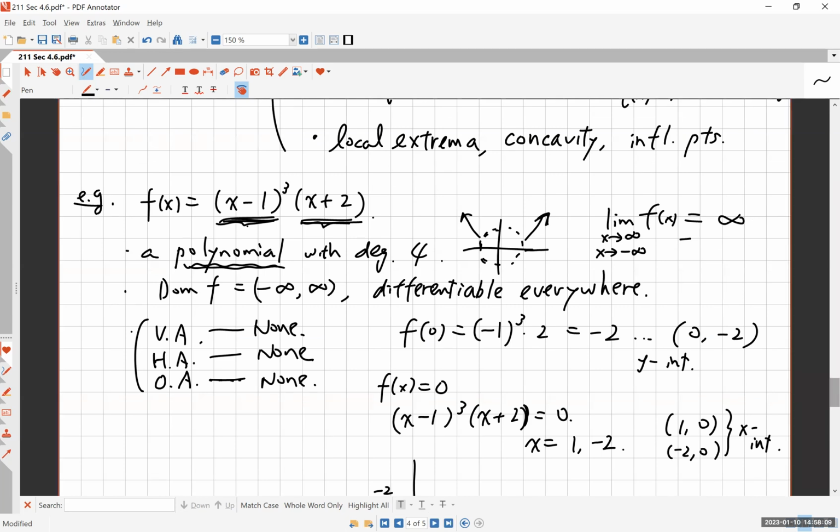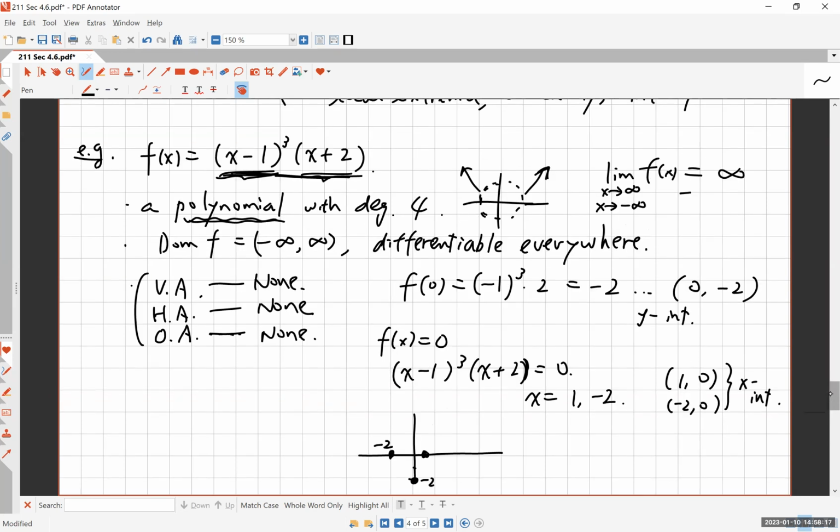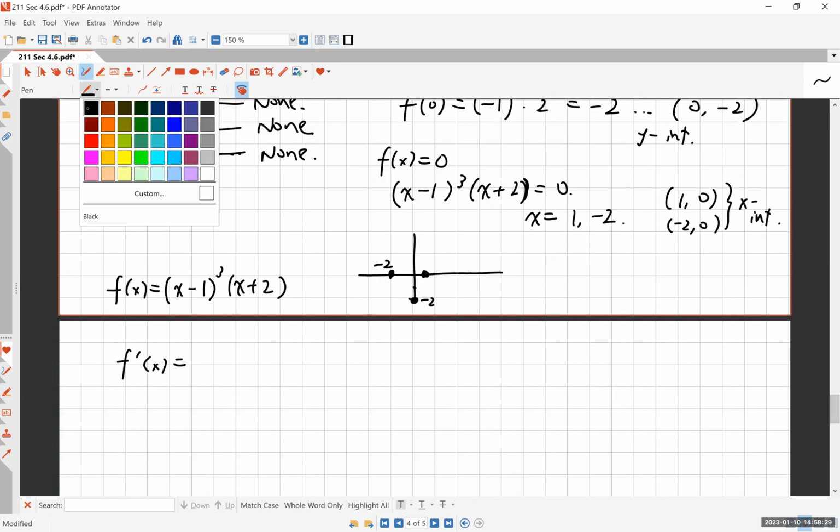Now, you can multiply all of these out and take the derivative. That's one way to do that. Or since it's a product, let me go ahead and write this again because I want to see this on the same screen: (x minus 1) to the 3rd power times (x plus 2). You can multiply this out and write it as a 4th degree polynomial and then take the derivative.